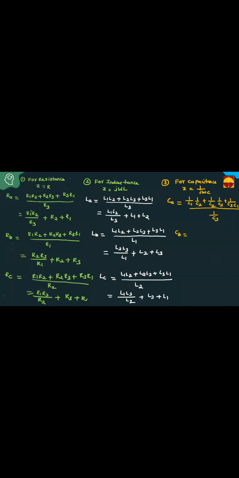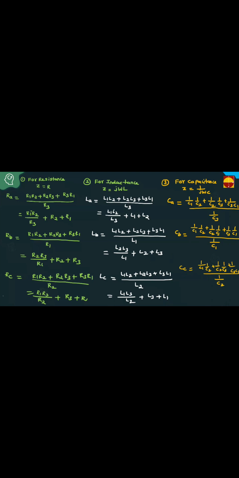What is CB? We want to simplify this also. Same: 1 by C1 C2, 1 by C2 C3, 1 by C3 C1, divided by 1 by C1. The last one, CC, how to calculate, students? 1 by C1 C2, 1 by C2 C3, 1 by C3 C1, divided by 1 by C2.